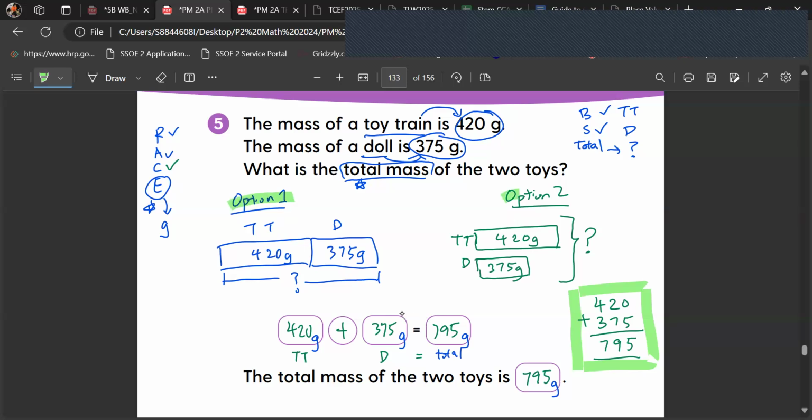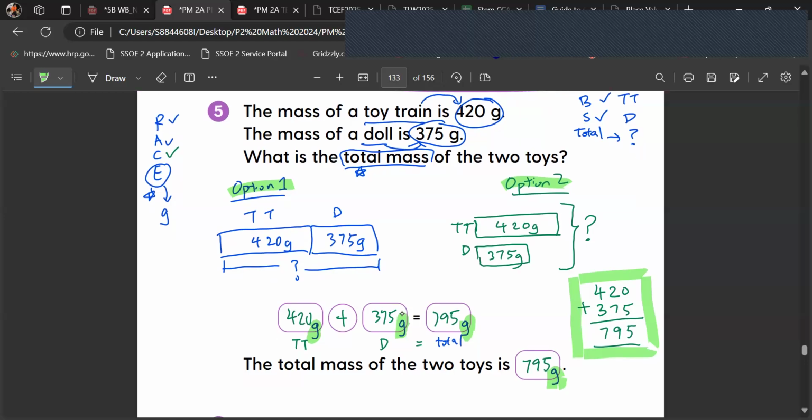This is what you can choose. Make sure you have your units in your correct answers. Do you make sure you have your units in all the questions, the answers, the blanks? Very nice. Good job. Very neat.